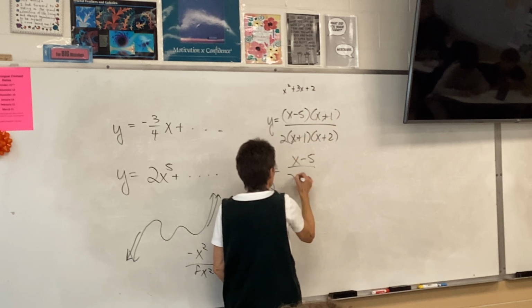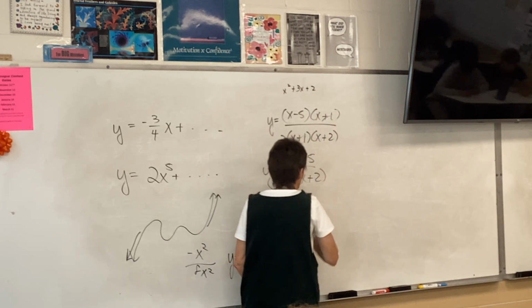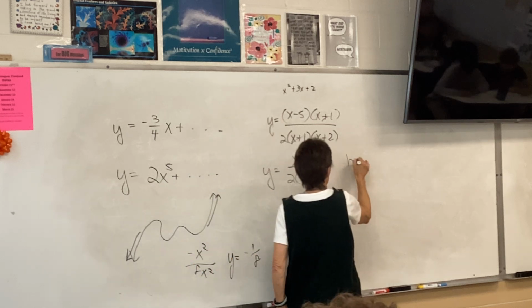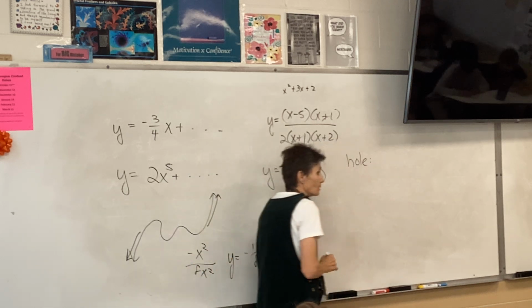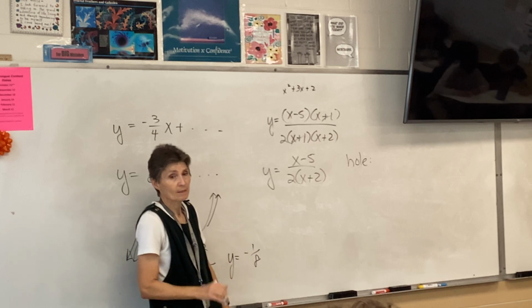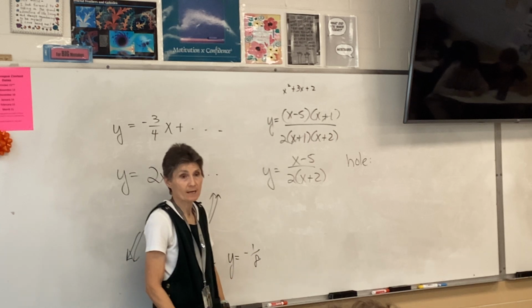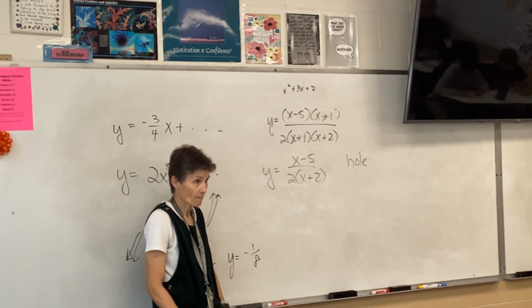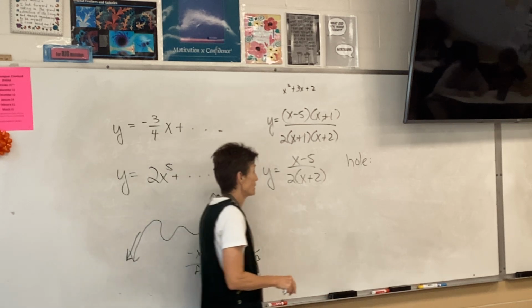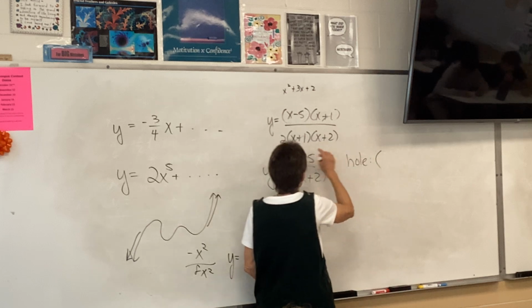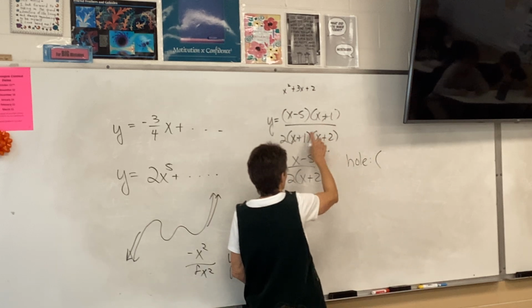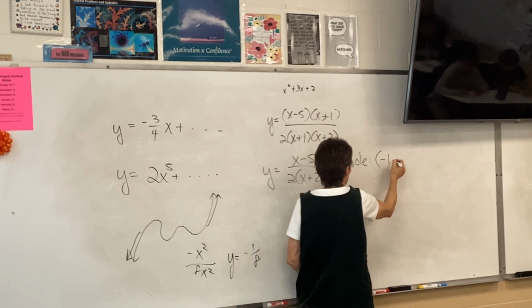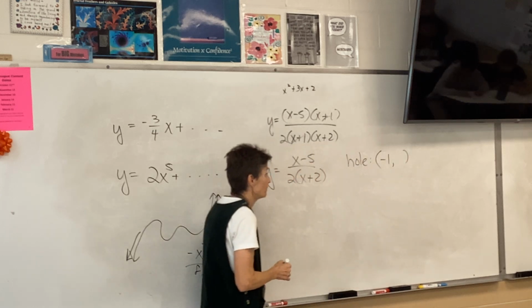We can cancel? What does that mean? We're going to have a removable discontinuity or hole in the picture. And where's it going to be? What did I cancel out? -1.